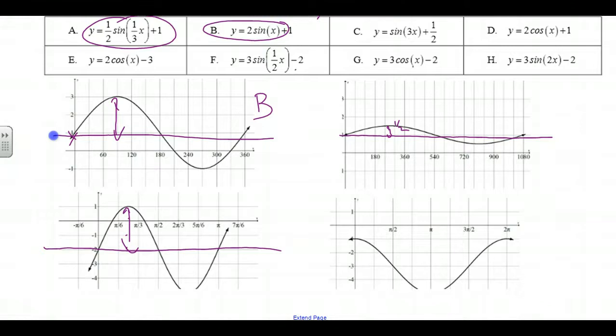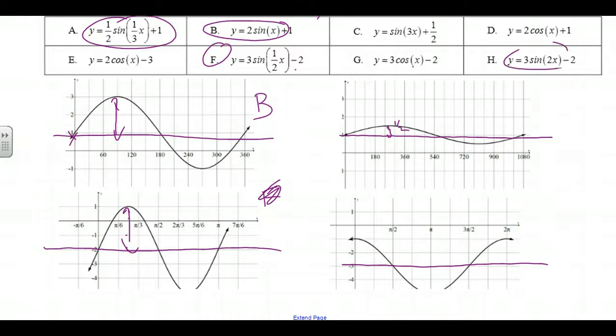So it's either this or this. It's a sine, so F. And midline of 1. It got cut off. Is this on your sheet? Does it go down to 5? Yeah. H? No, it's that.